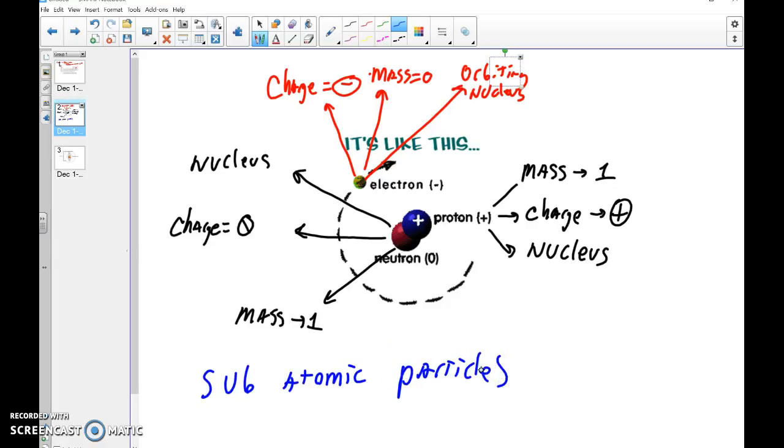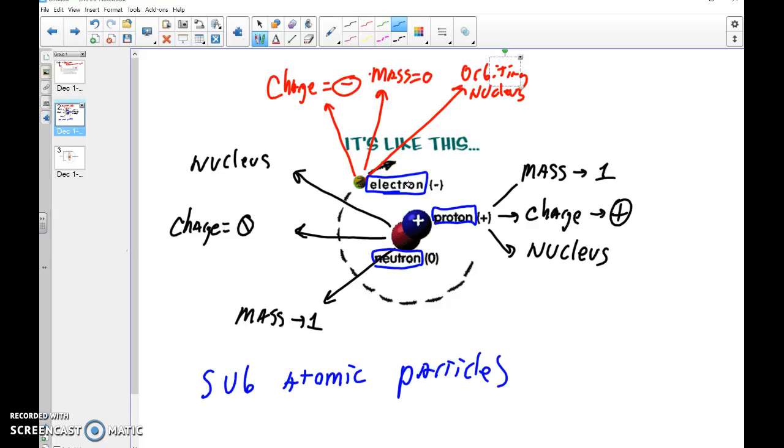Now the subatomic particles are protons, neutrons, and electrons. And that's it. Every element is made of protons, neutrons, and electrons. What makes hydrogen different than sulfur is how many protons, how many neutrons, how many electrons.